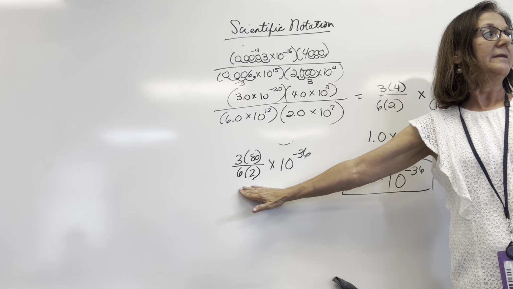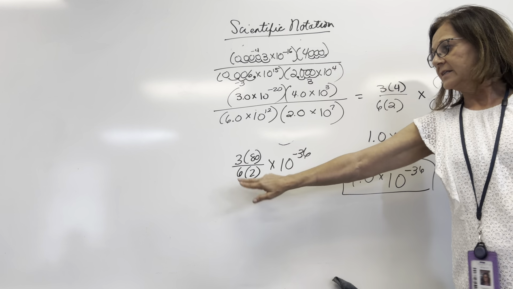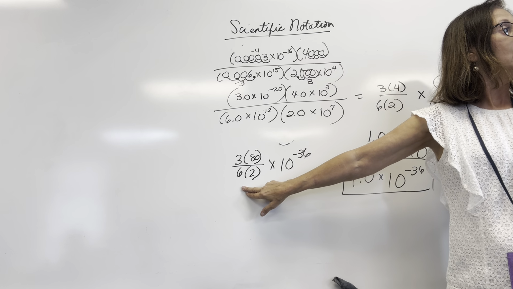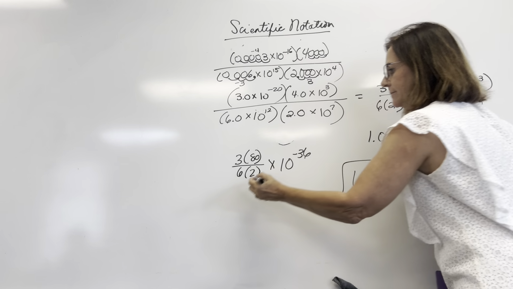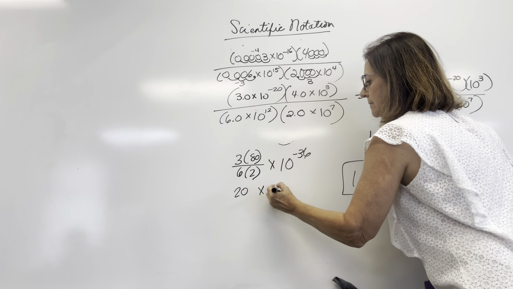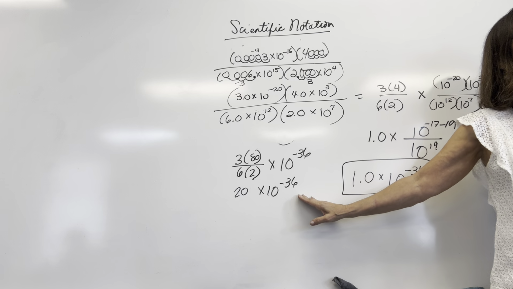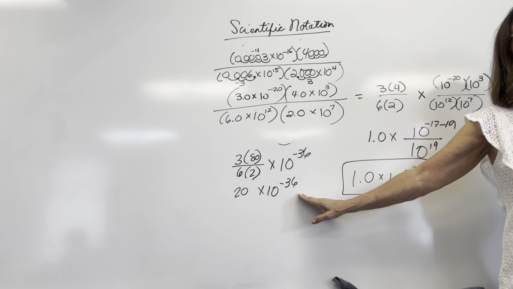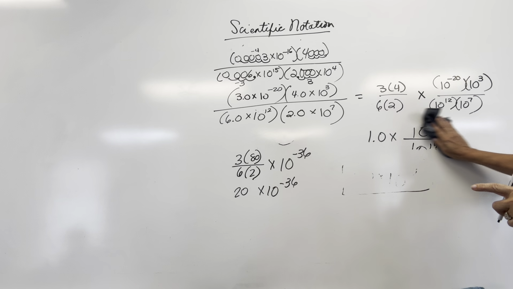This would be what? 240 divided by 12, which is what? What's 240 divided by 12? 20. Would I leave it like that? No. I would not. I would write it in proper scientific form.